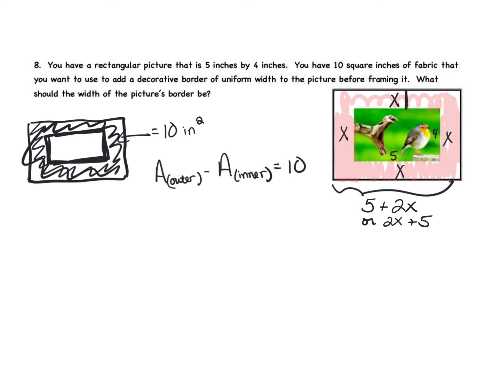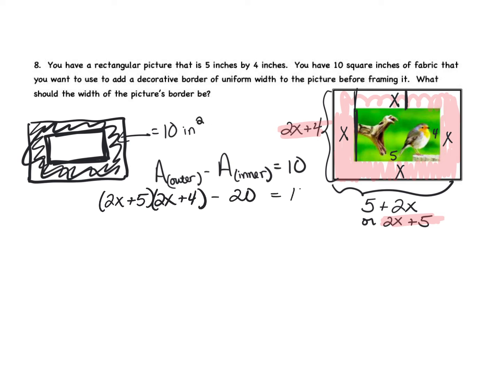Similarly, the width, okay, would be originally 4 inches, but it's picking up x inches on either side, so it'd be 2x plus 4. So I'm going to multiply those two binomials together to get the area of the outer. And I'm going to subtract the inner area, which would be 5 times 4, or 20 square inches, and that's got to equal 10. So again, I'm going to put this all in standard form. How am I going to do that?